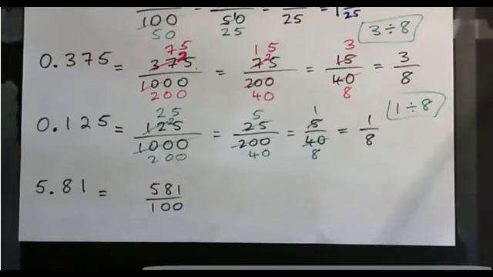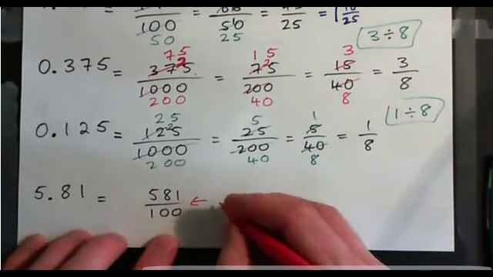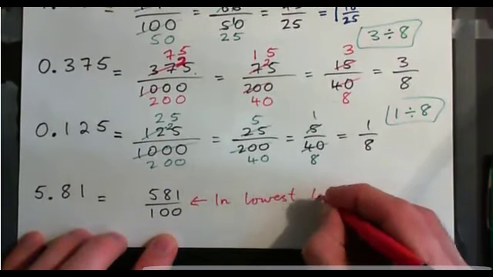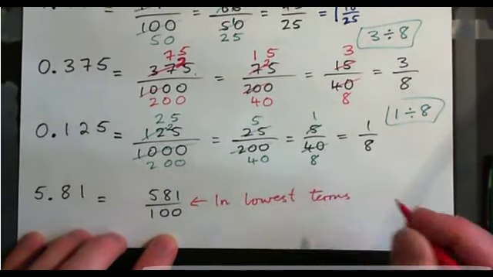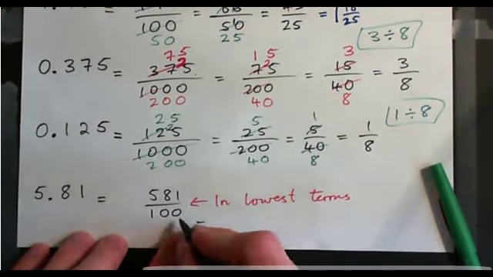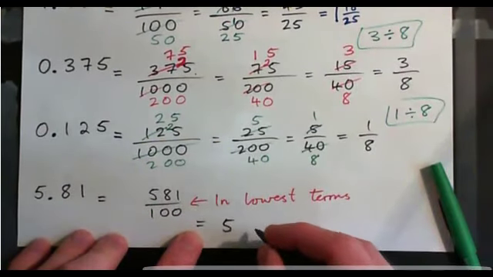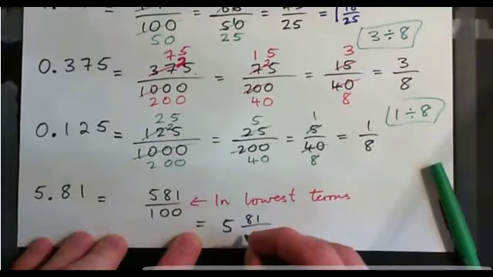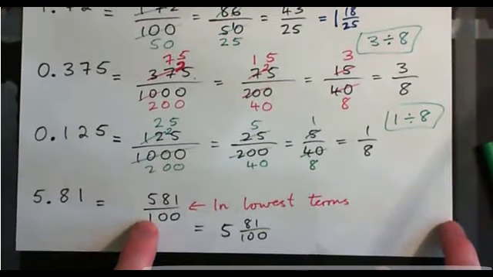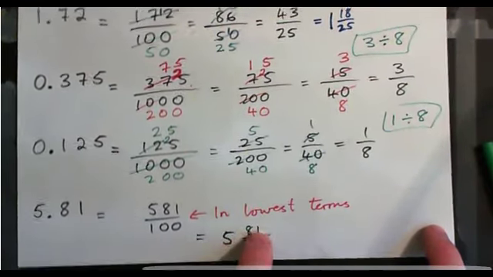Well, yep, so this is just already in lowest terms. And as a mixed number, by the way, 100 into 581 goes 5 times, remainder 81, so it's 5 and 81 hundredths. Okay, so the fraction's already in lowest terms, can't be simplified any further, and as a mixed number it would be 5 and 81 hundredths.